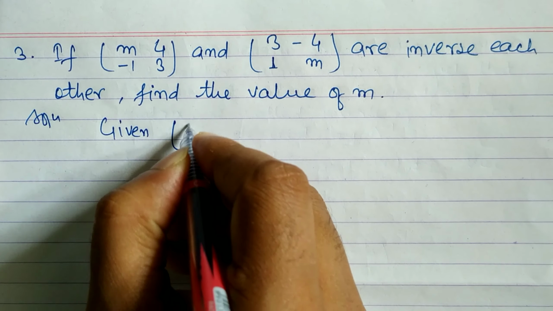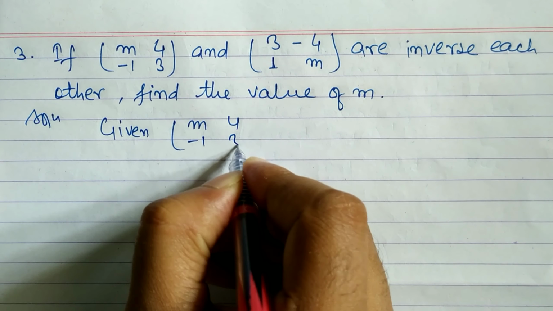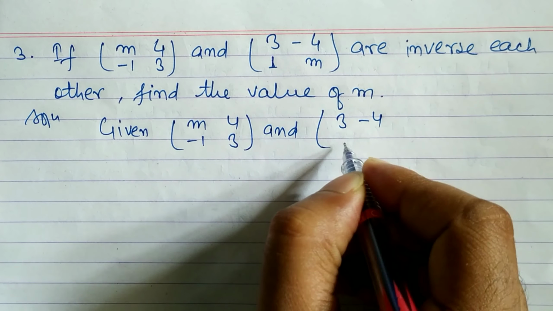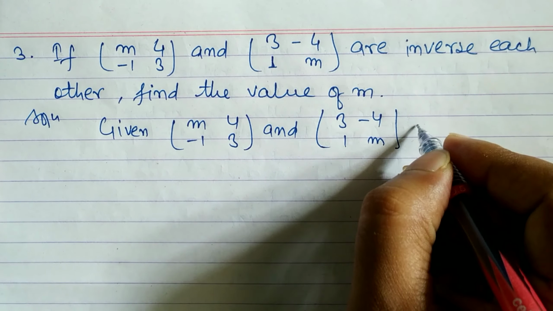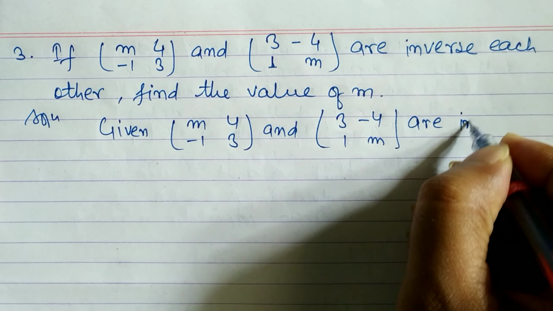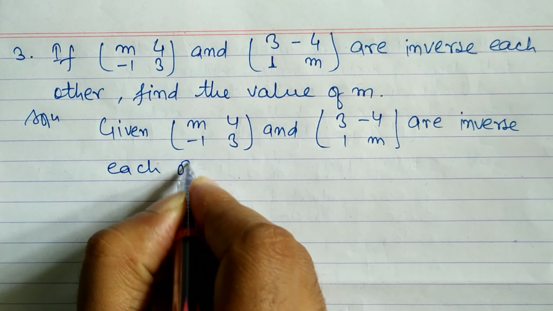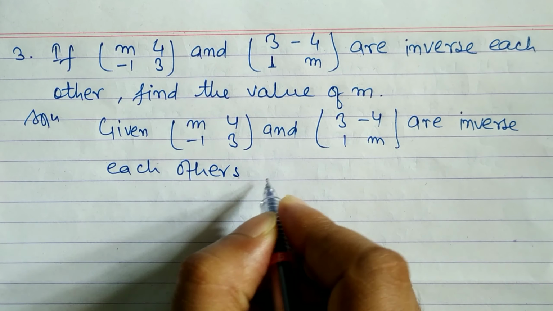Given [m, 4; -1, 3] and another matrix [3, -4; 1, m] are inverses of each other.